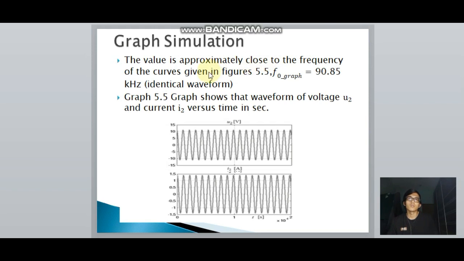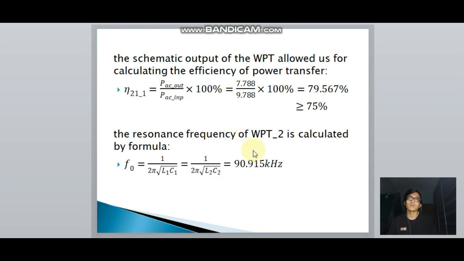After we run the circuit, we get a sine waveform graph, and from the graph we get 90.85 kilohertz, which is approximately our calculation of 90.91.